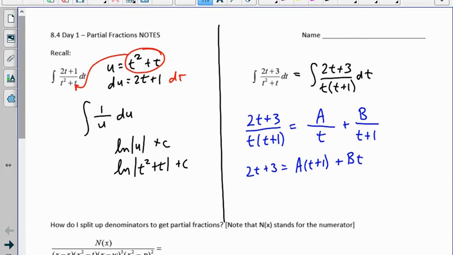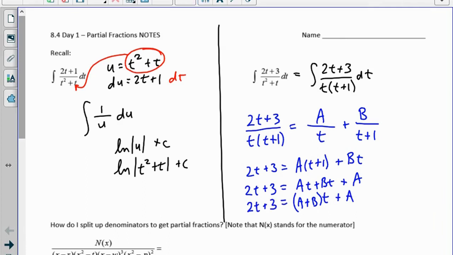I can basically wipe that denominator out. And now what I'd want to do is rewrite this in such a way where I can make it look like 2t plus 3. So if I have 2t plus 3 on the left, at plus bt plus a on the right, that's the same thing as a plus b t plus a.